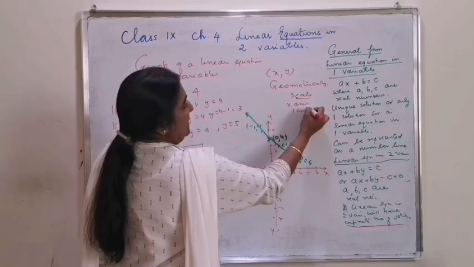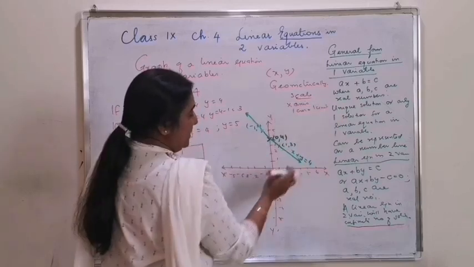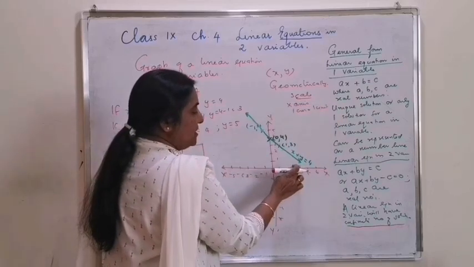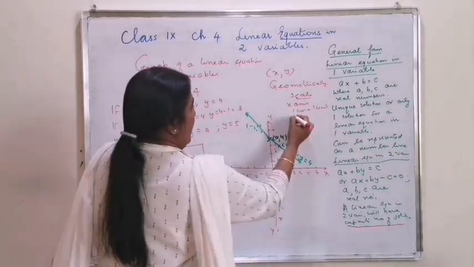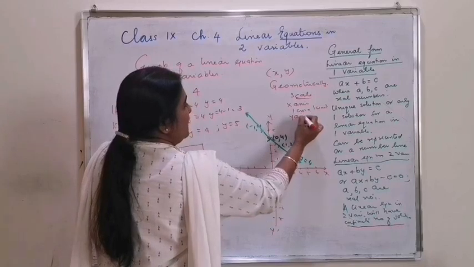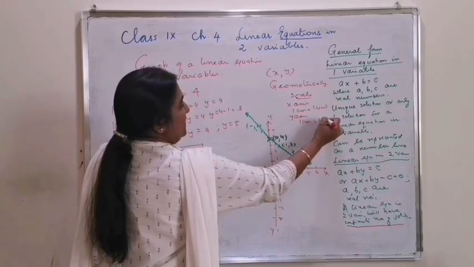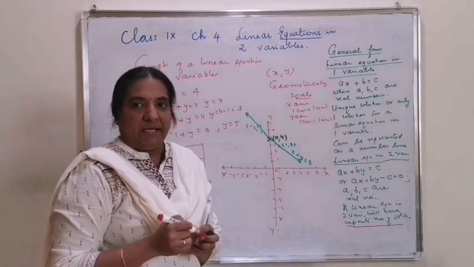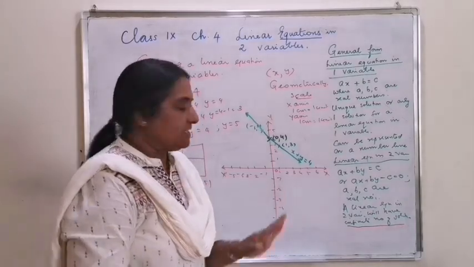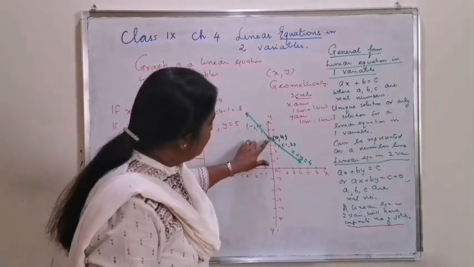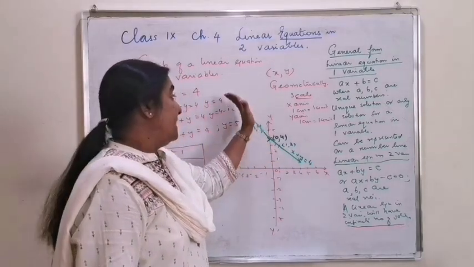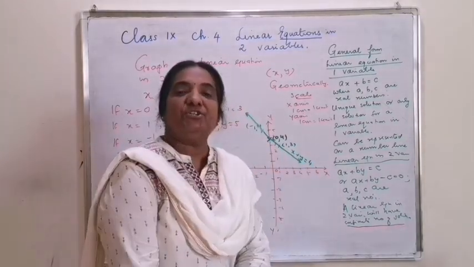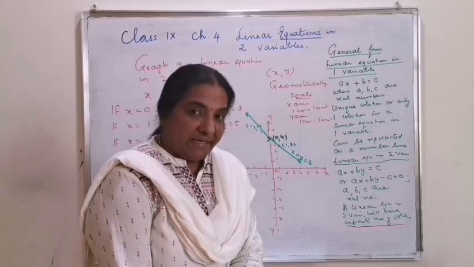You can write the scale as: x-axis 1 centimeter is equal to 1 unit. That 1 unit represents 1, 2, 3, 4, which means we have taken consecutive numbers. And on the y-axis, 1 centimeter is equal to 1 unit. Now, the explanation of the graph is, with 3 points we understood that the graph of a linear equation in 2 variables is a straight line.